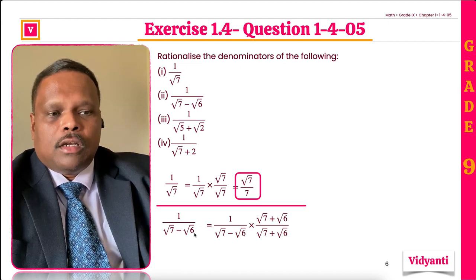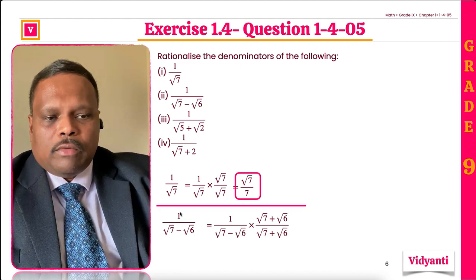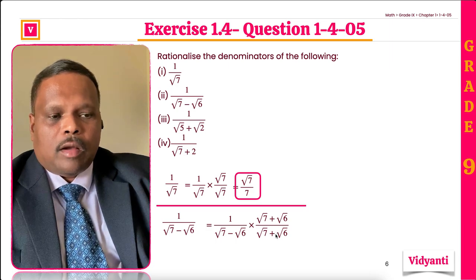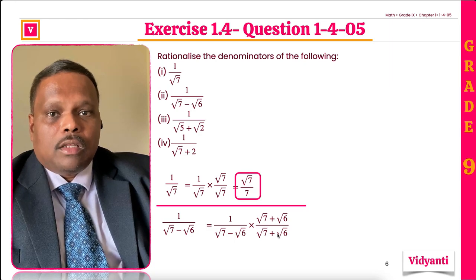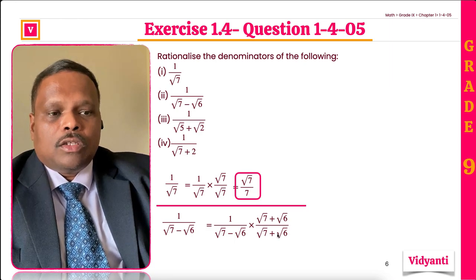Let's do that. So we'll take the original fraction as it is and multiply both numerator and denominator by root 7 plus root 6. Since we are multiplying numerator as well as denominator by the same number, the value of the original fraction will still remain the same.